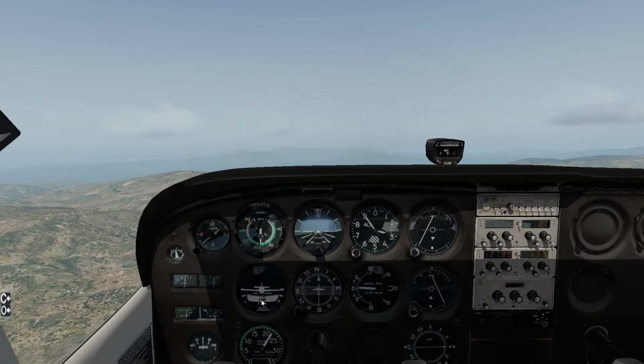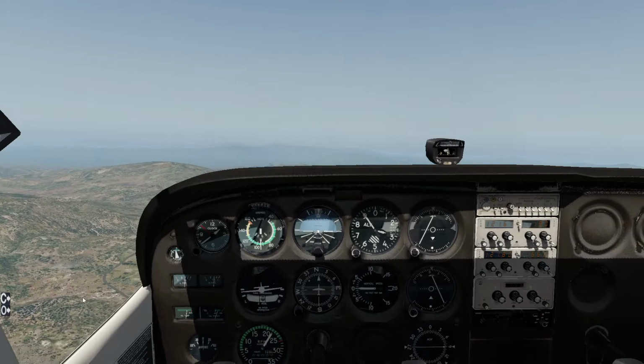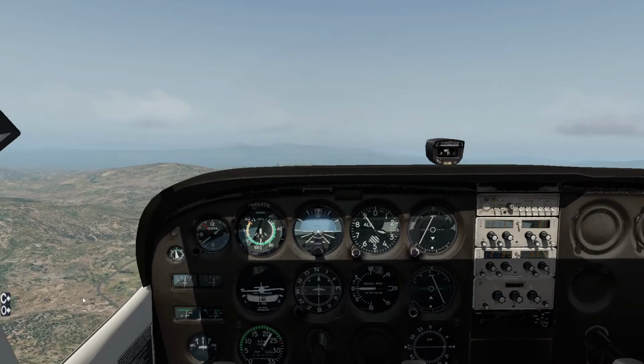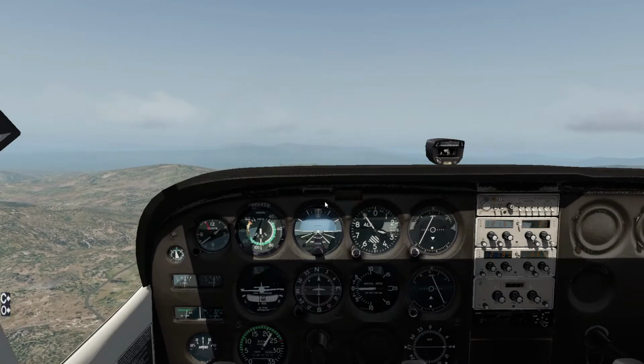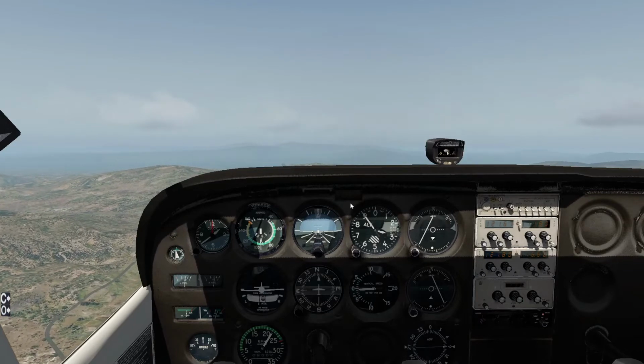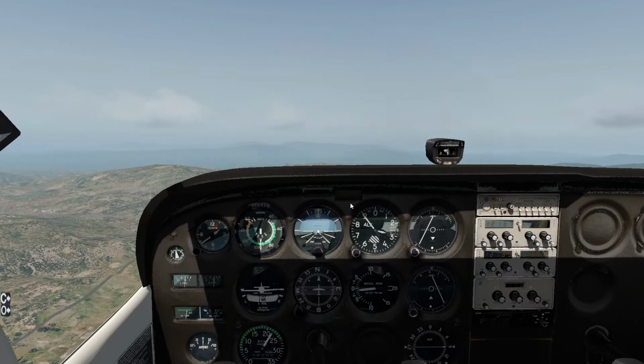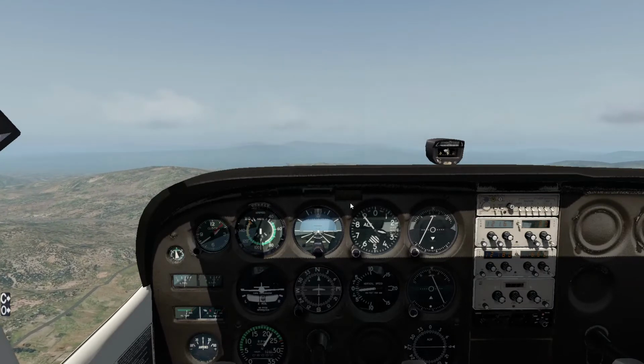And finally, the overbanking. While the aircraft is climbing and turning at the same time, the outer wing, which is the wing on the outside of the turn, will have an airflow at a higher angle of attack.